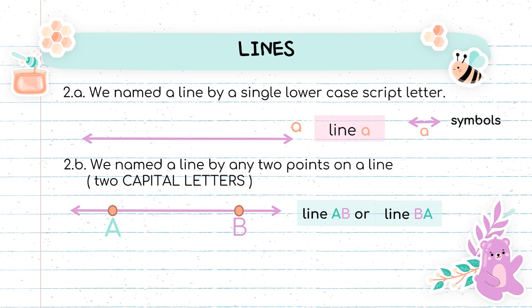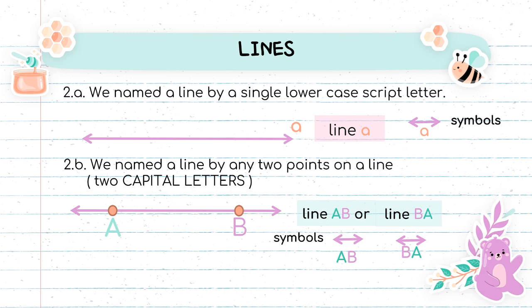Kung ayaw mo isulat yung word na line, pwede mong isulat yung symbol ng line, which is ito. Yung symbol na yan, tas isusulat mo yung points na nasa baba. Sulat mo yung points. Anong points? A, B. So, ang basa dyan ay line AB. Or, pwede din namang line BA. So, alin man dyan, considered as correct.